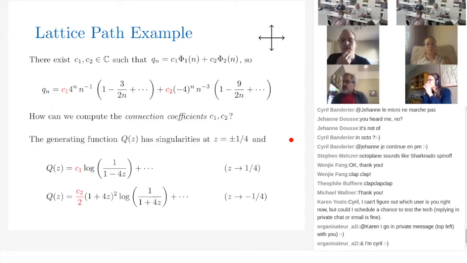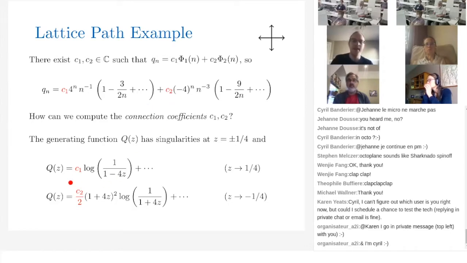And to do that, what we're going to do is we're going to go back to the generating function. So of course, as many people in this community will be familiar with, there's a strong link between the analytic behavior of your generating function and the asymptotic behavior of the sequences. So in particular, in this case, your generating function will have singularities at 1/4 and -1/4.